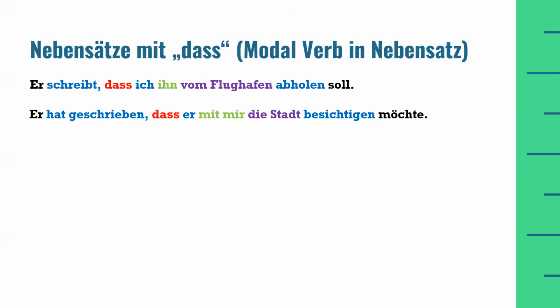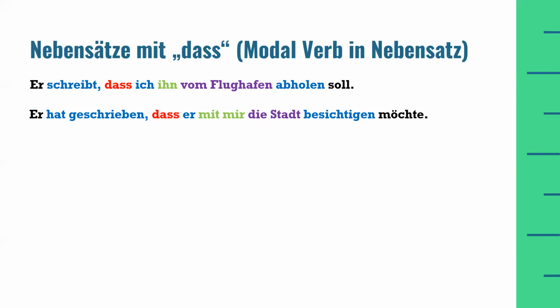Now, dass comes at the first position, then comes er, which is the subject of the sentence, then mit mir, with me. So mit is a dative preposition again. Therefore, we have to use mir. Die Stadt, because the city will be seen, so it is the object of the sentence, and the object of the sentence is always in the accusative case.